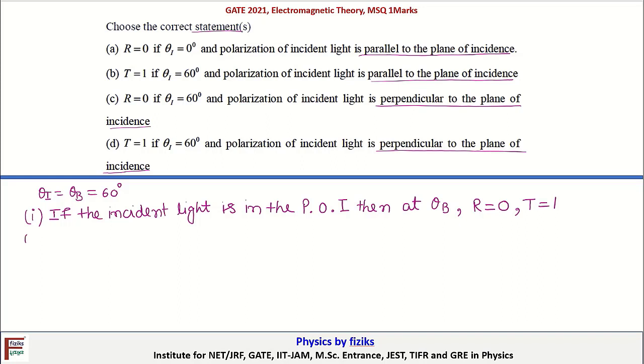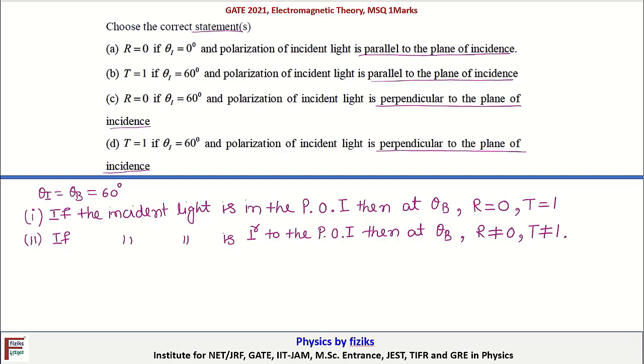Now the second point: if the incident light is perpendicular to the plane of incidence, then at theta B, R is non-zero, and T will also not be equal to 1.